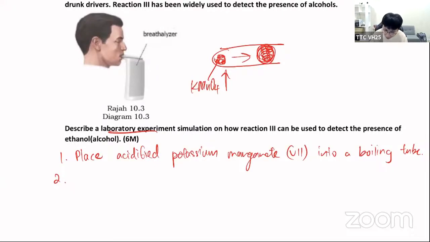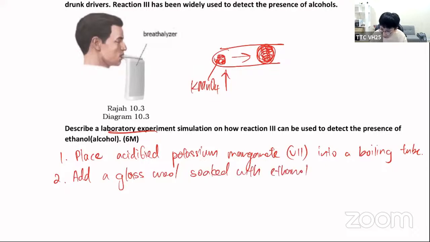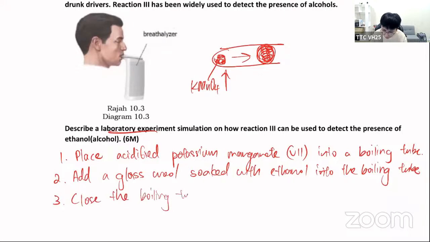So we can actually add a glass wool, soaked with ethanol into the boiling tube. Okay, into the same boiling tube. So we can actually close the boiling tube with stopper.